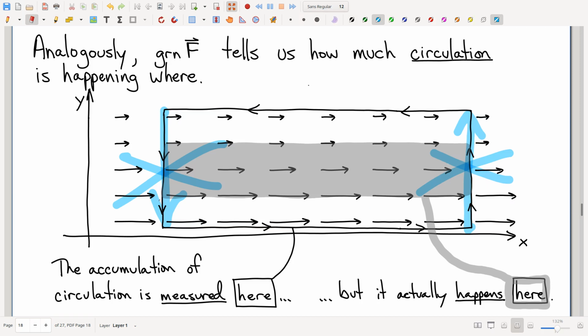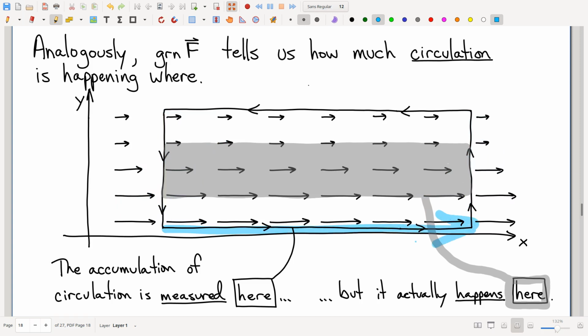Now, that said, let's look at this piece of curve right here, this part of the boundary. The field, which I like to think of as a fluid flow, is going that way. My dx's also going that way, same direction. Positive dot product. We're going to get a positive contribution to the vector line integral down there. And now let's look at this top piece over here.